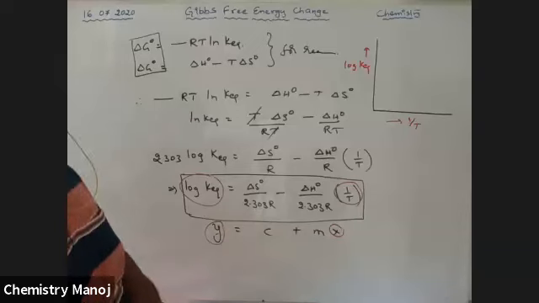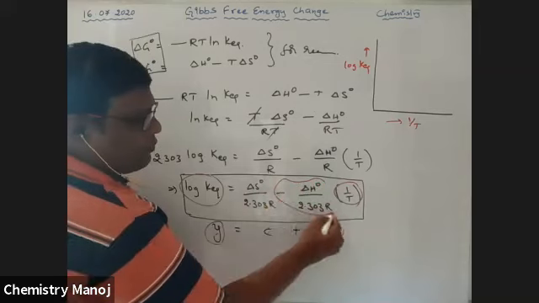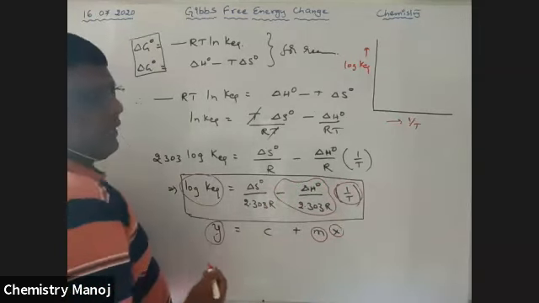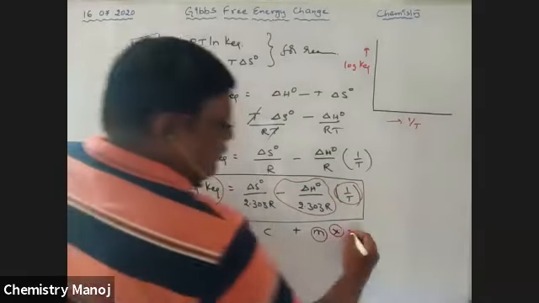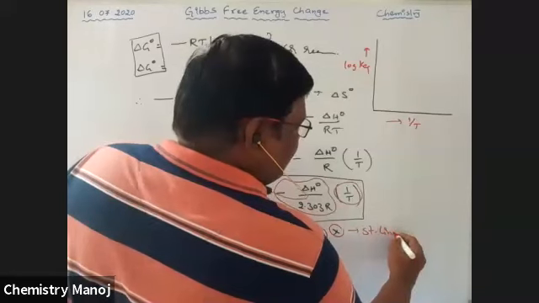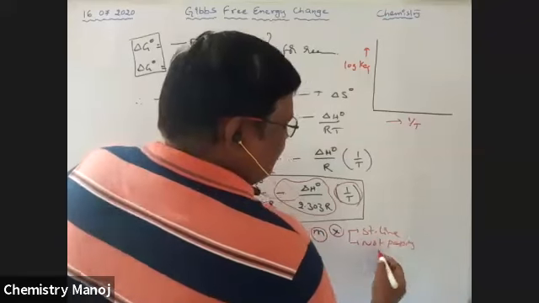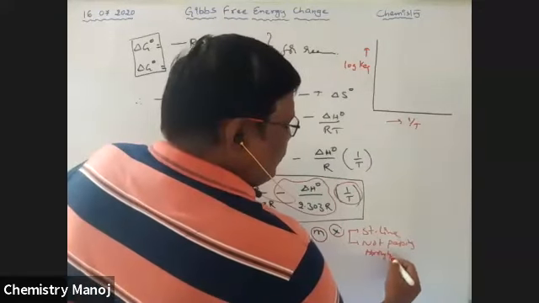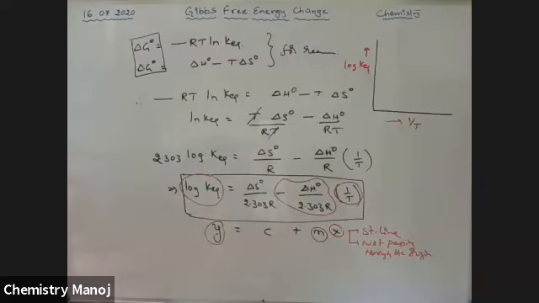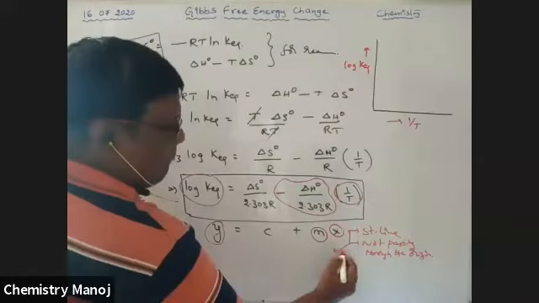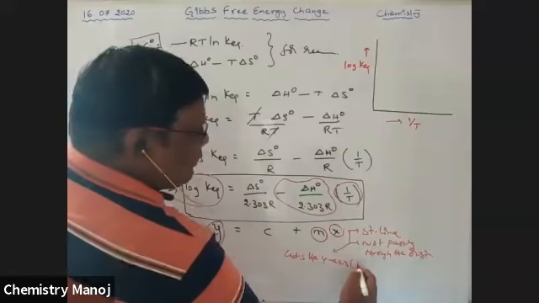That gives a straight line with negative slope. M is nothing but slope. This is the slope value. With the negative slope, that is a straight line because y is equal to mx plus c is a straight line formula. Not passing through the origin and cuts the y-axis, which is nothing but intercept.